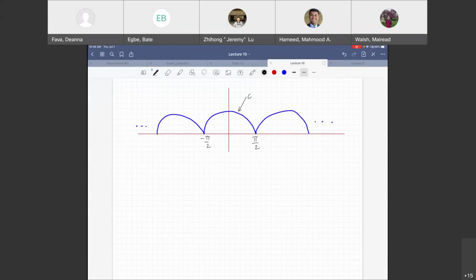It has a cosine function, and then it repeats. What are you going to do with this?